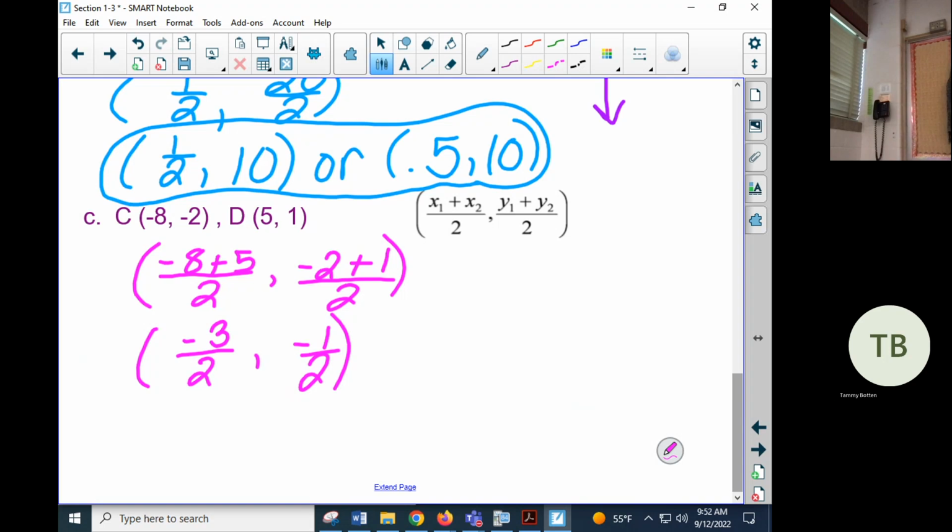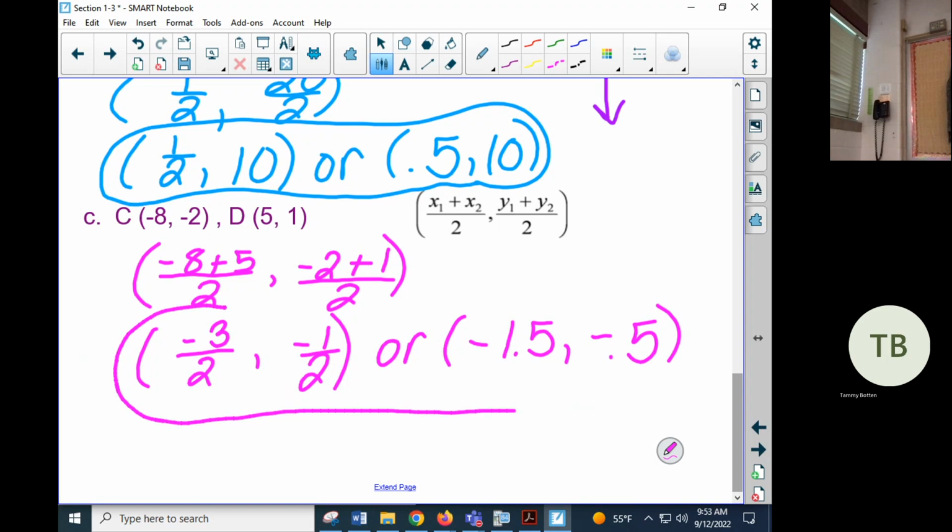By reduced, I mean, can I divide a number into both of them? And I can't. So I can leave it like that. Or if you don't like improper fractions, negative 3 halves would be -1.5. Negative 1 half would be -0.5. So these would be your answer.